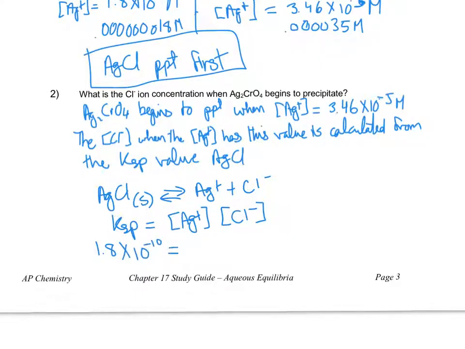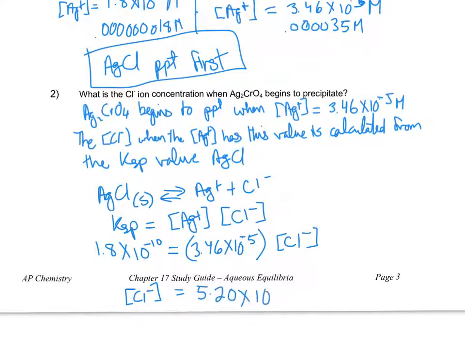And so when the Ag plus is 3.46 times 10 to the negative fifth, we can calculate what the Cl minus would be. And in this case, the Cl minus is going to be 5.20 times 10 to the negative 6 molar. And that's my answer right here.